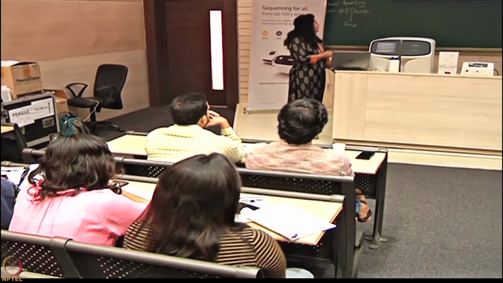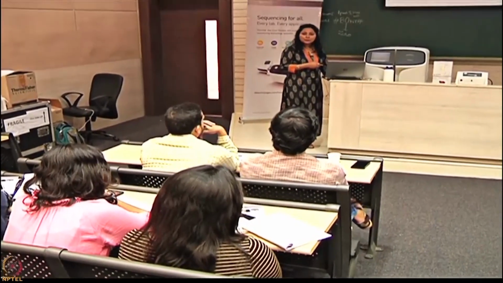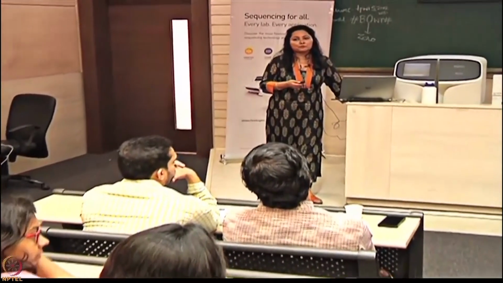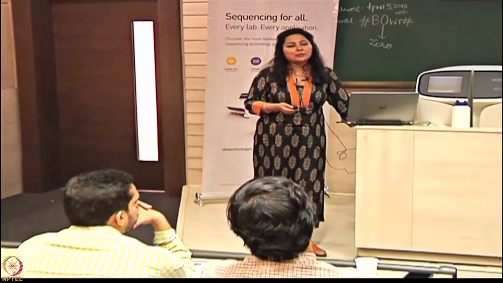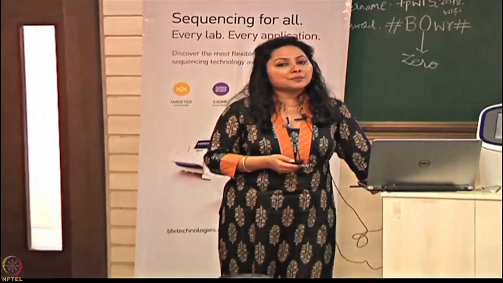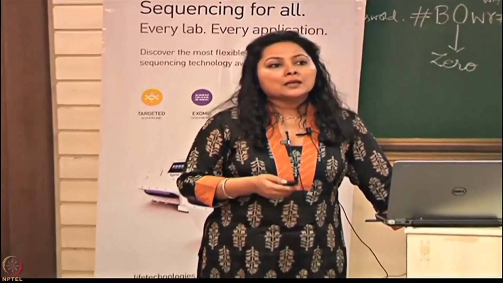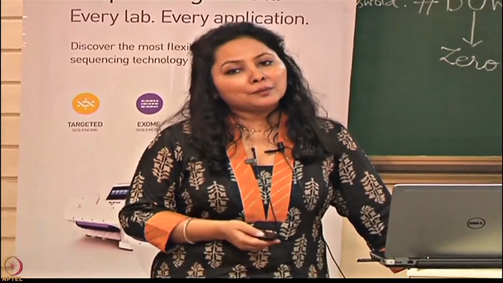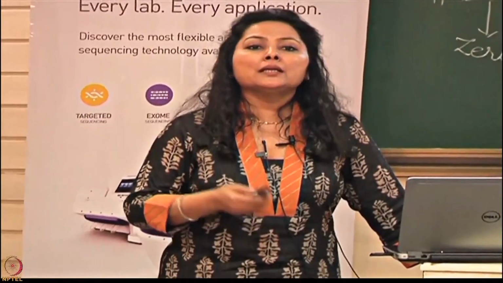So you started with your DNA or RNA to begin with. So you isolated DNA, RNA from cells or from some culture isolates or whatever. Now once you've isolated this DNA and RNA, the next step is that you prepare a library. Now a library is basically a collection of fragments, whether it is coming from DNA or from RNA, which you finally want to sequence. So this can be an enriched portion.